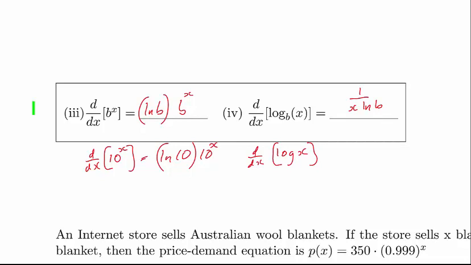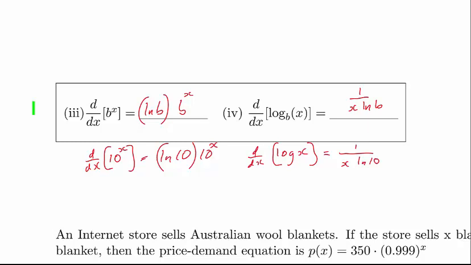Remember, that would be log base 10. This is a common log, so it's probably one that you'll have to do frequently when you're going through other coursework as well as career-wise. And this would be 1 over x times the natural log of 10. And that's it. That's how we work these.